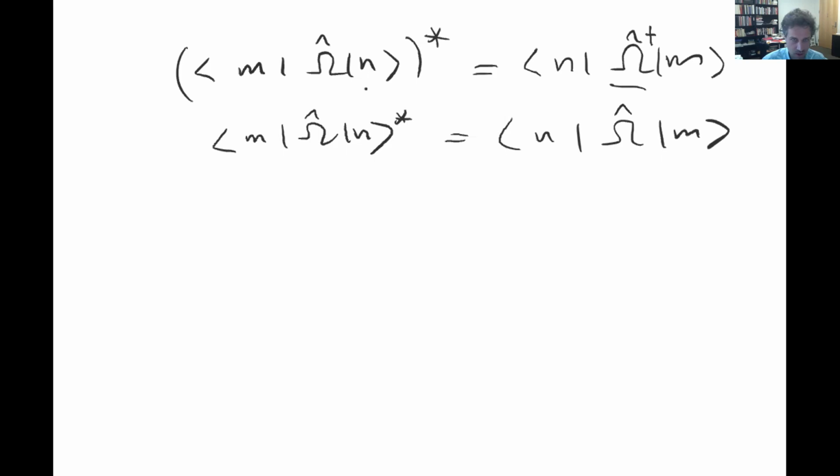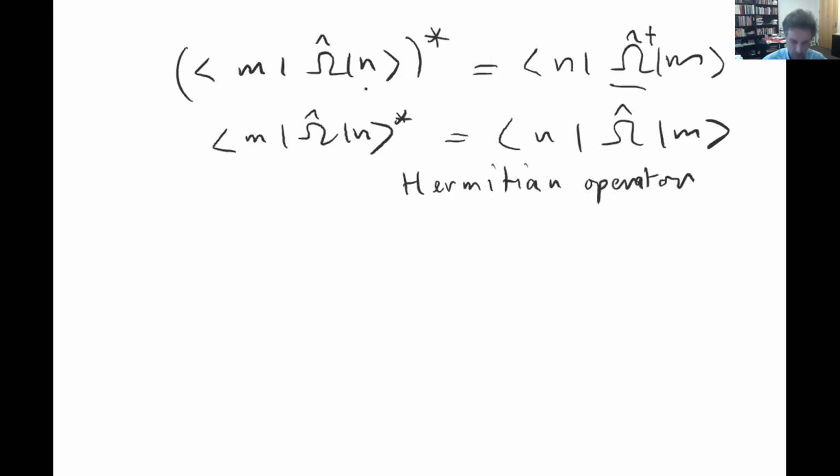If this is true, the Hermitian conjugate of the operator is the same as the original operator. That is an important case, because that is the case for all operators that are called, very originally, Hermitian. So all Hermitian operators have this property.